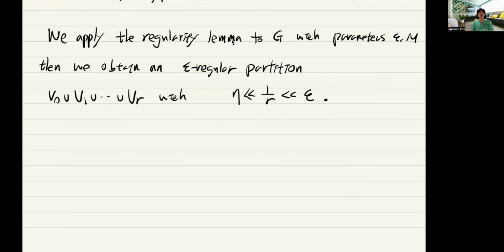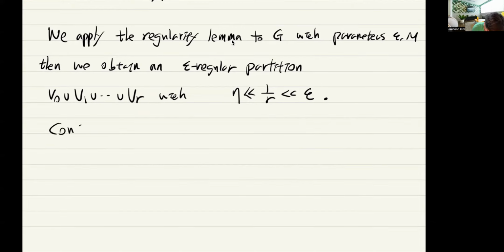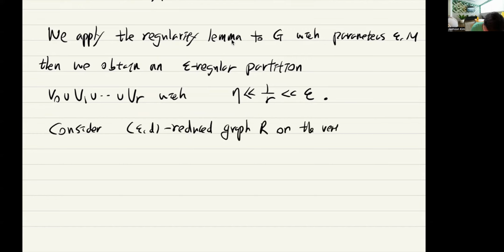Now we have this epsilon-regular partition, and we consider the (epsilon, d)-reduced graph R on the vertex set R. Okay, yeah, I forgot to mention one thing.